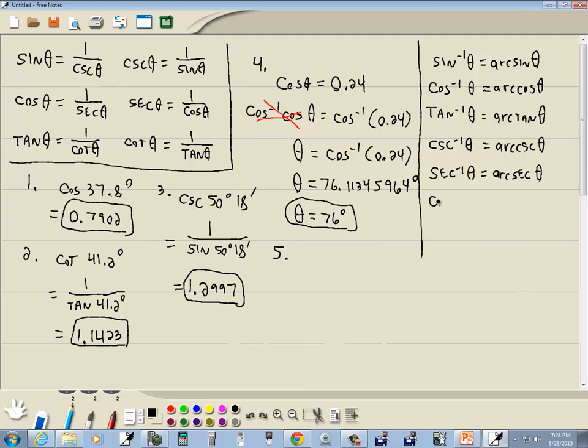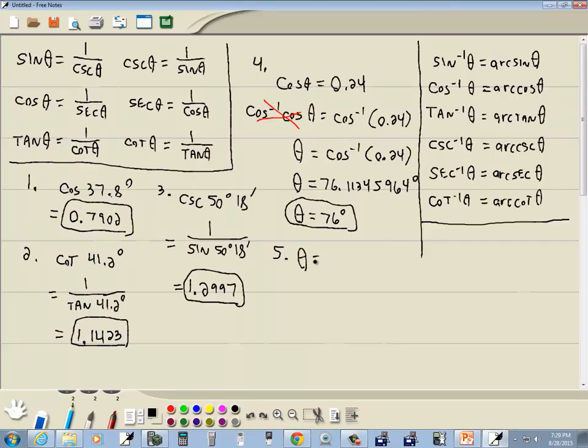And if you have inverse cotangent, you can rewrite that as arc cotangent of theta. Okay, so that's just a different notation. I couldn't tell you why some books use this notation. Looks like -1 power, and some like to use the arcs.